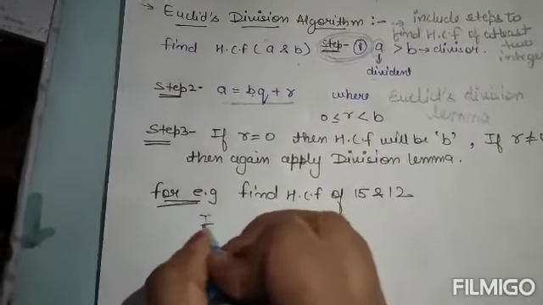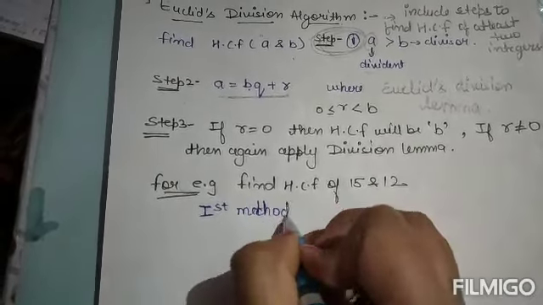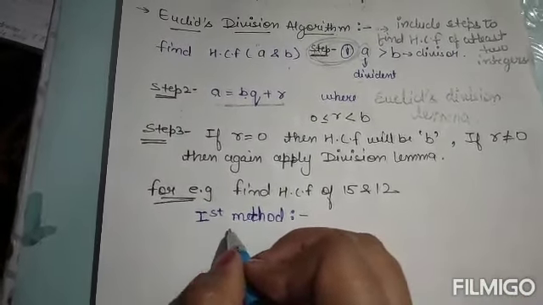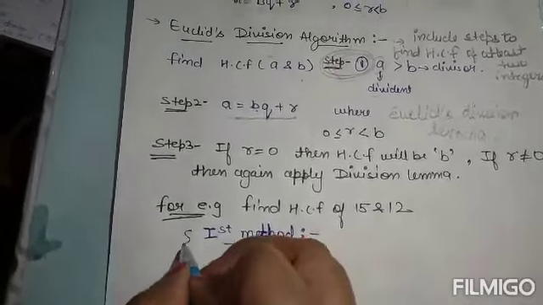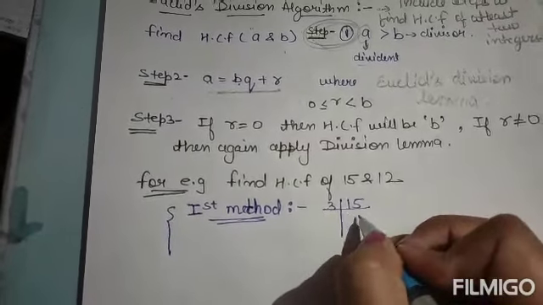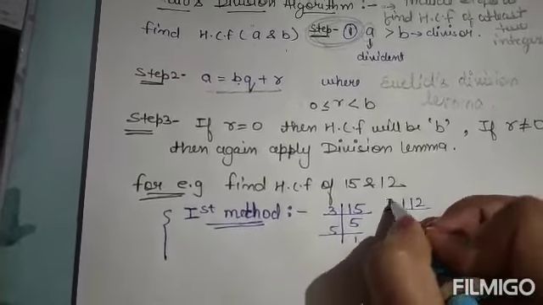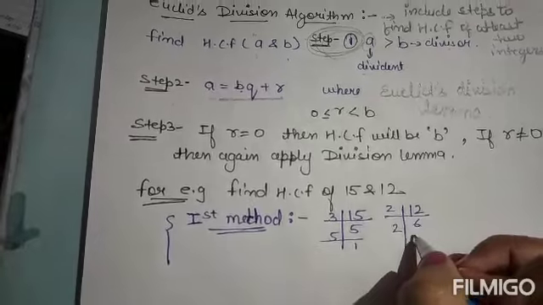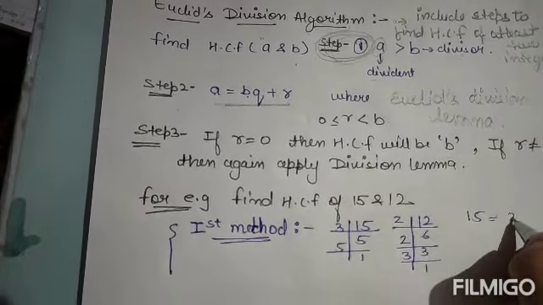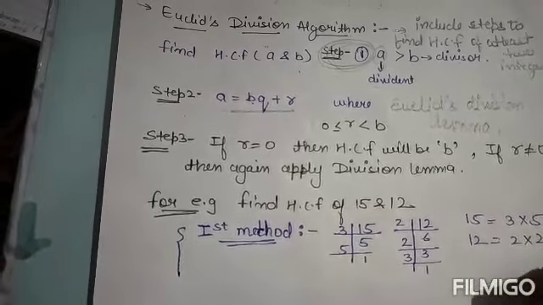First method, which you have studied in your previous classes in 6th, 7th, 8th. We find the HCF by taking factors of 15 as 3, 5, and similarly for 12, 2, 2, 3. Now 15 is 3 into 5, and similarly 12 is 2 into 2 into 3.